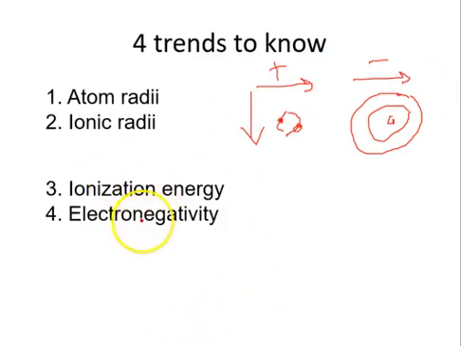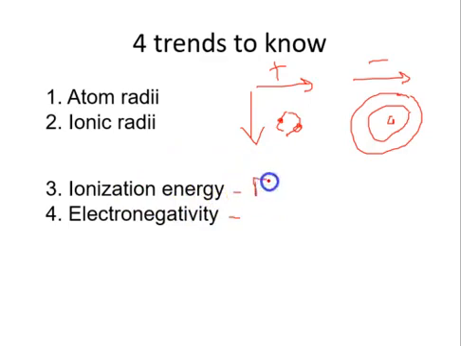The next two were today's lesson, and today's lesson was about ionization energy and electronegativity. Ionization energy is the amount of energy needed to take away an electron. And electronegativity is your ability to attract an electron while in a compound. Remember, we had our elements for this as well.